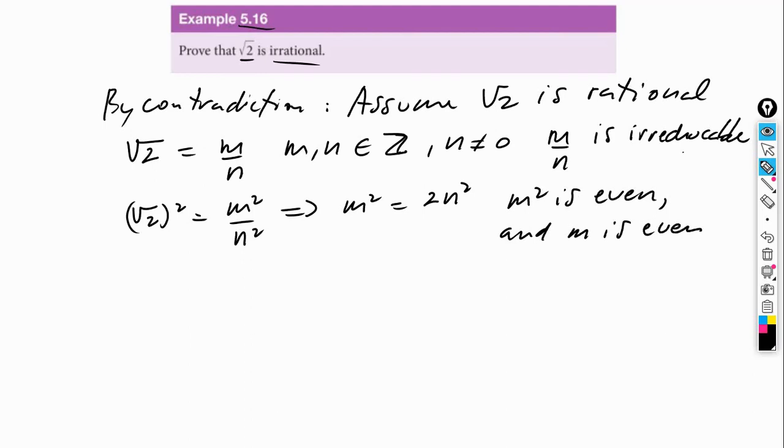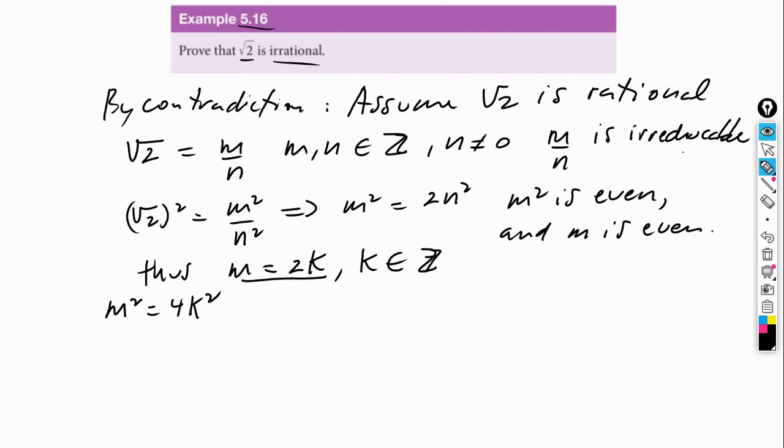Remember, we proved this earlier. m is even. Thus, m can be written in the form 2k for some integer k, right? Then that also implies that m squared is equal to 4k squared, right?